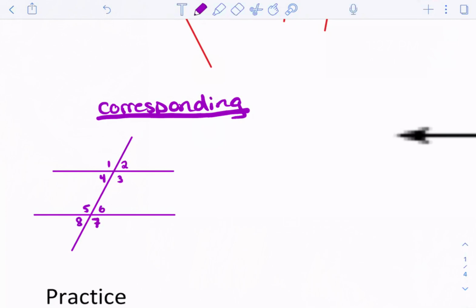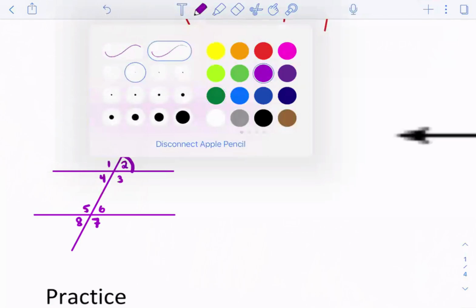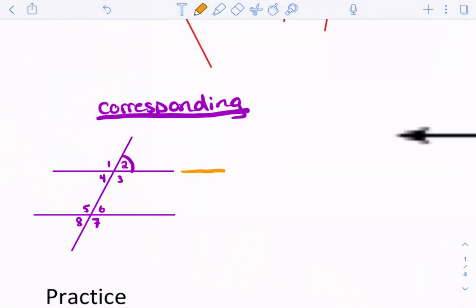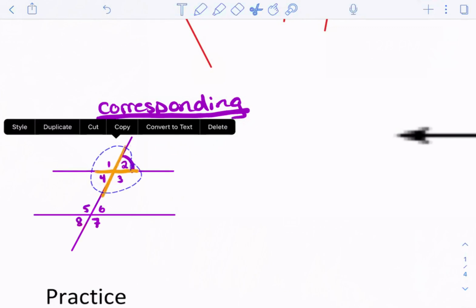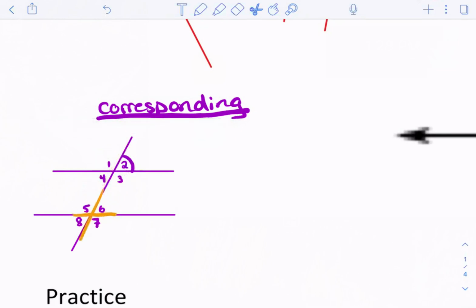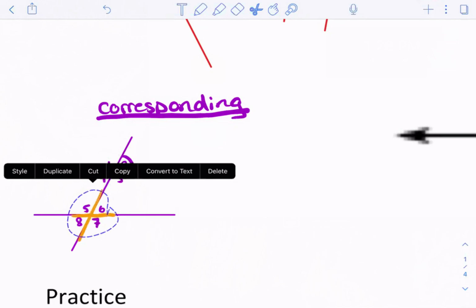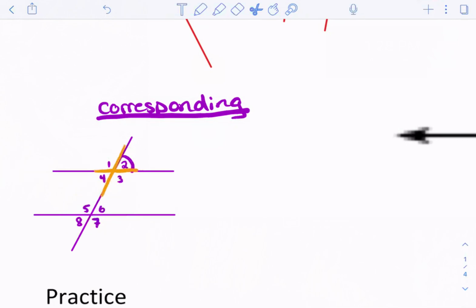It's asking, if I take this section up here, in this section, what would correspond to angle 2? If I slid this down, what angle does it correspond with? Meaning if I slid it down, what does it overlap?